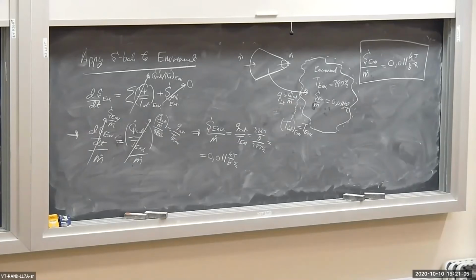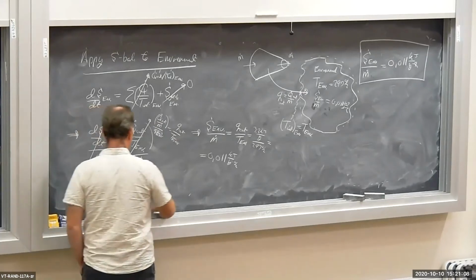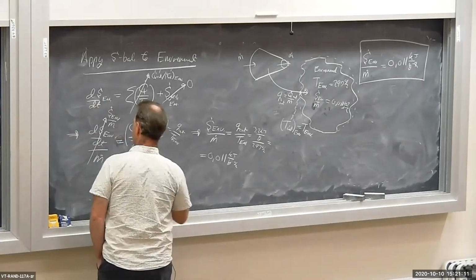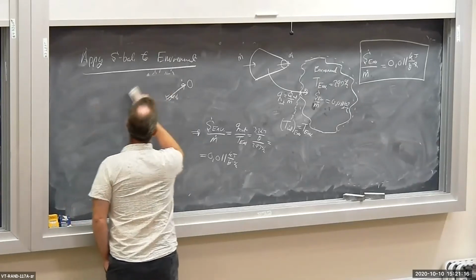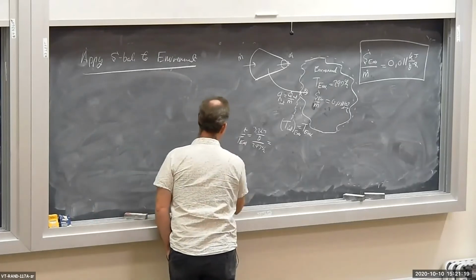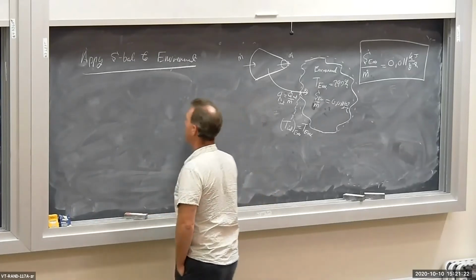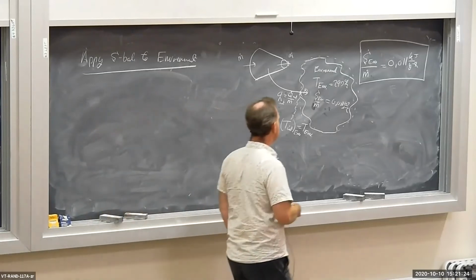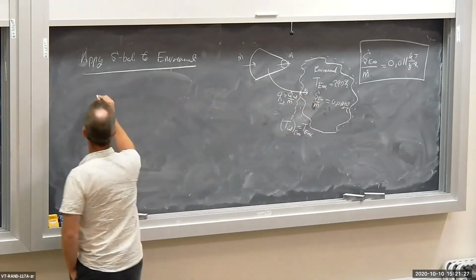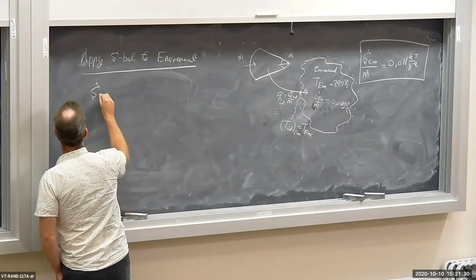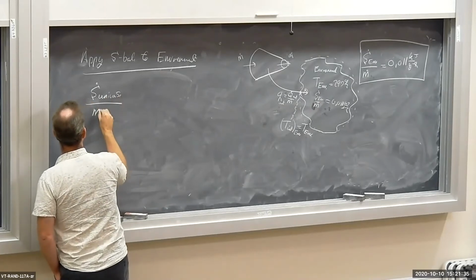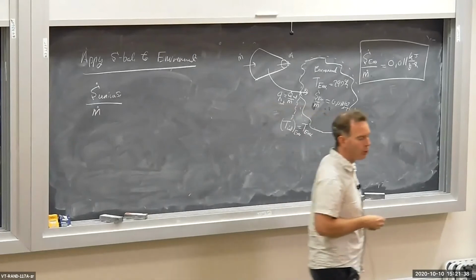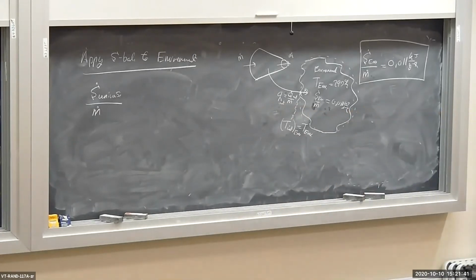Let's calculate the total change in entropy of the universe here. S dot universe over m dot for the air. Let's calculate the rate of entropy change in the universe.